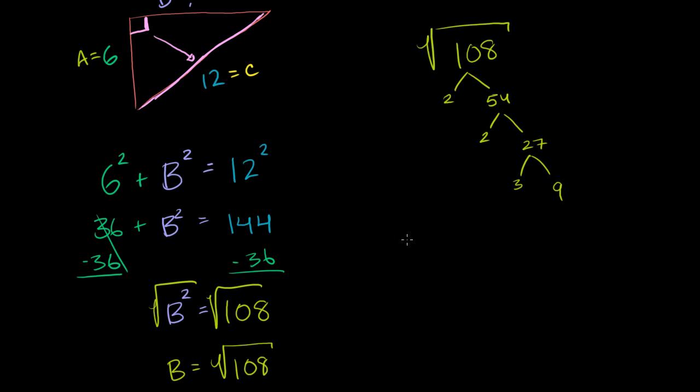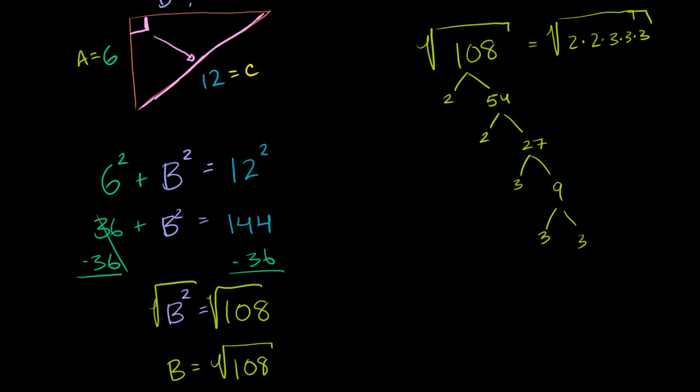So we have the square root of 108 is the same thing as the square root of 2 times 2 times, actually, I'm not done. 9 can be factorized into 3 times 3. So it's 2 times 2 times 3 times 3 times 3. And so we have a couple of perfect squares in here.